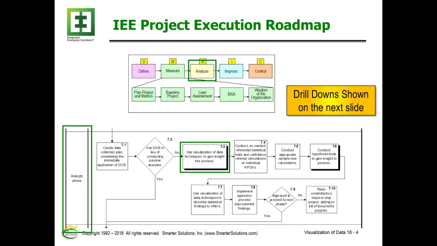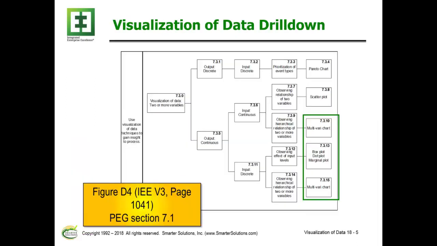If we look at the drill down of the analyze phase for the IEEE Lean Six Sigma roadmap, we'll see 7.3 talks about visualization and 7.6 talks about hypothesis testing. If we examine the drill down for this particular step, we get a decision tree.